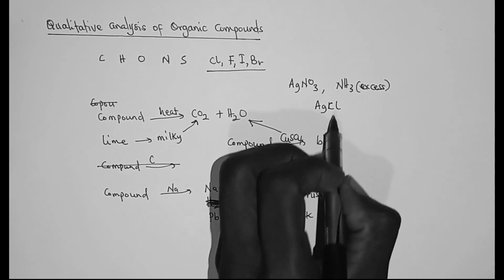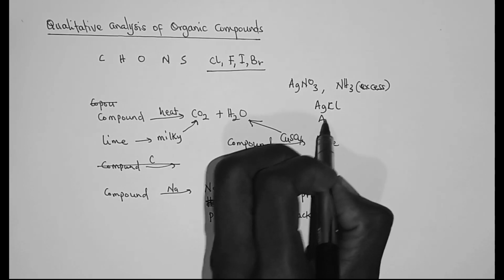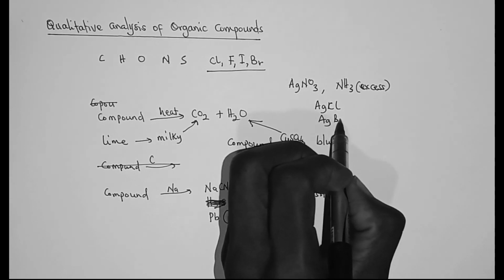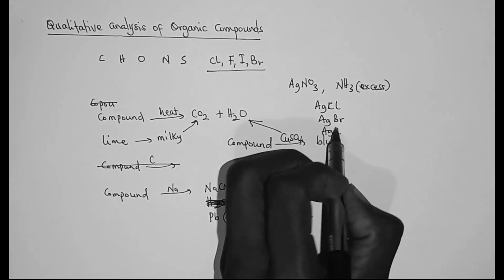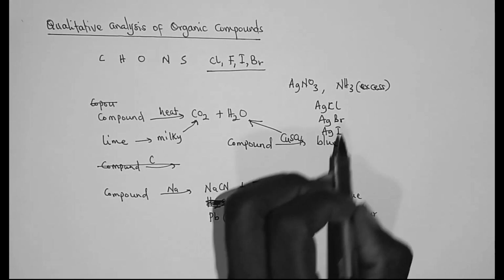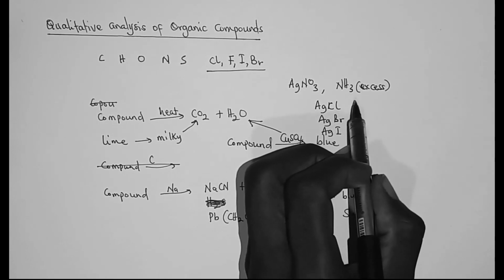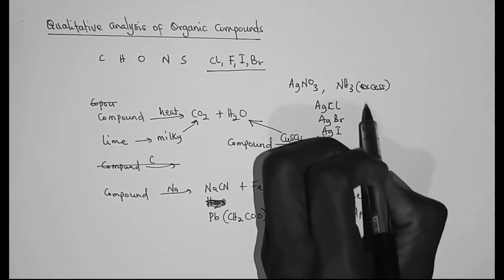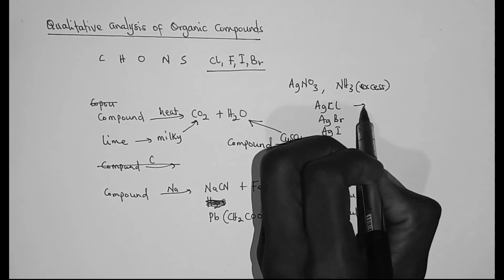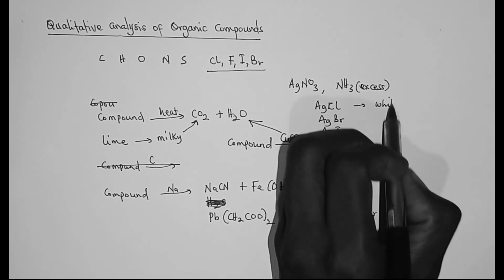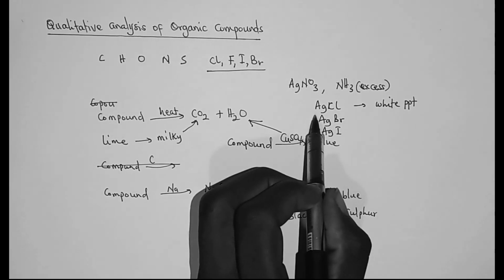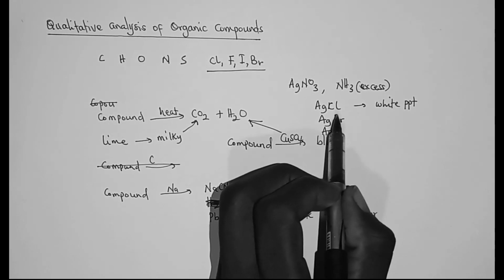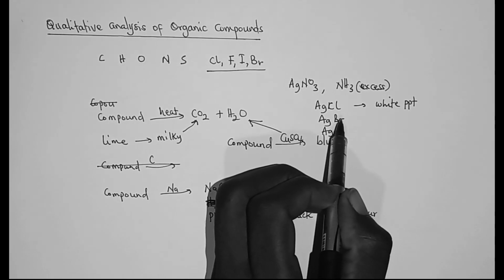And then the bromine will precipitate as silver bromide. And then the iodine will precipitate as silver iodide. For the chlorine, in the presence of excess ammonia, it turns white. You will observe a white precipitate. And the white precipitate confirms the presence of chlorine in the organic compound.